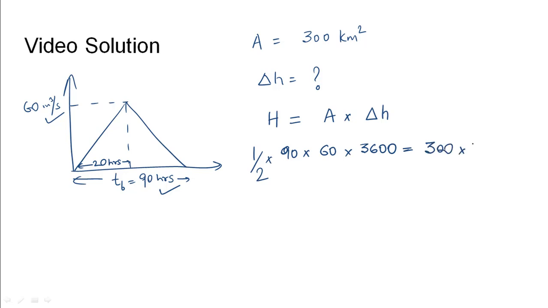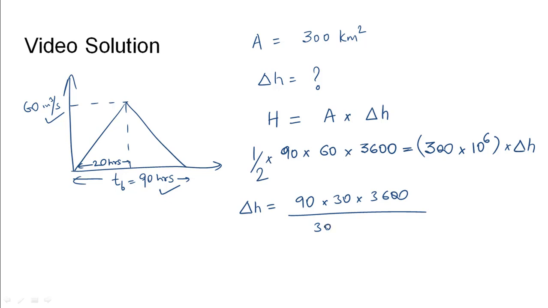This will be converted to square meters by using the factor of 10 to the power 6, into delta H. This would give delta H equals 90 into 30 into 3600 by 300 into 10 to the power 6.